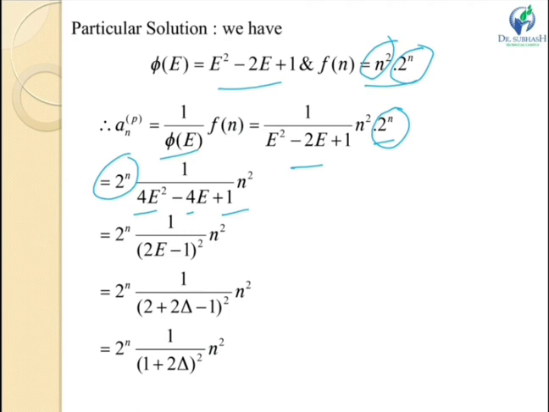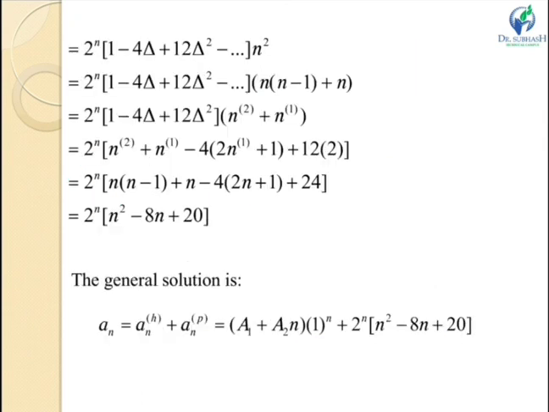Now this equation can be written as 2e minus 1 whole square. Now again e equal to 1 plus delta. I am putting here e equal to 1 plus delta. So this equation will be transformed to 2 plus 2 delta minus 1. Now this again can be written as 2 minus 1 is 1. So 1 plus 2 delta whole square.